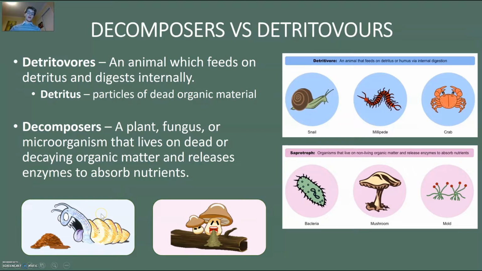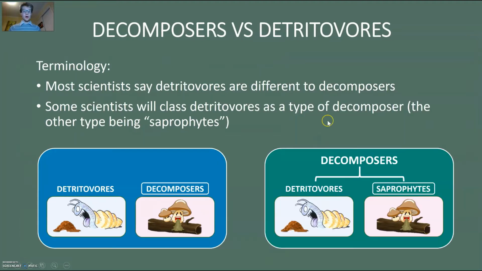Detritivores, on the other hand, do all of that internally, just like us. They engulf detritus, which are dead particles, and they ingest it and digest it internally. Some examples of detritivores are snails, worms, millipedes, and crabs. These can be consumers depending on how varied their diets are. But yeah, that's the difference between decomposers and detritivores.